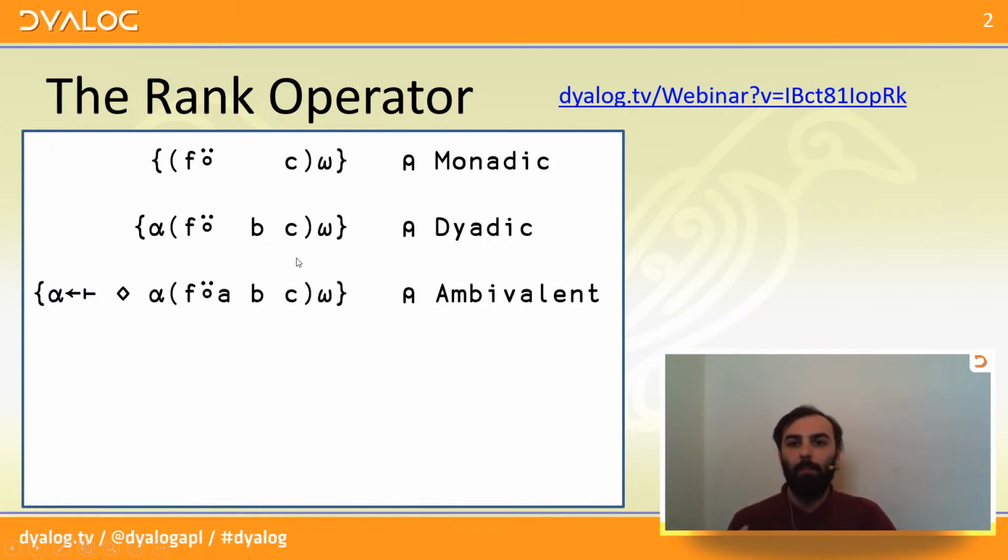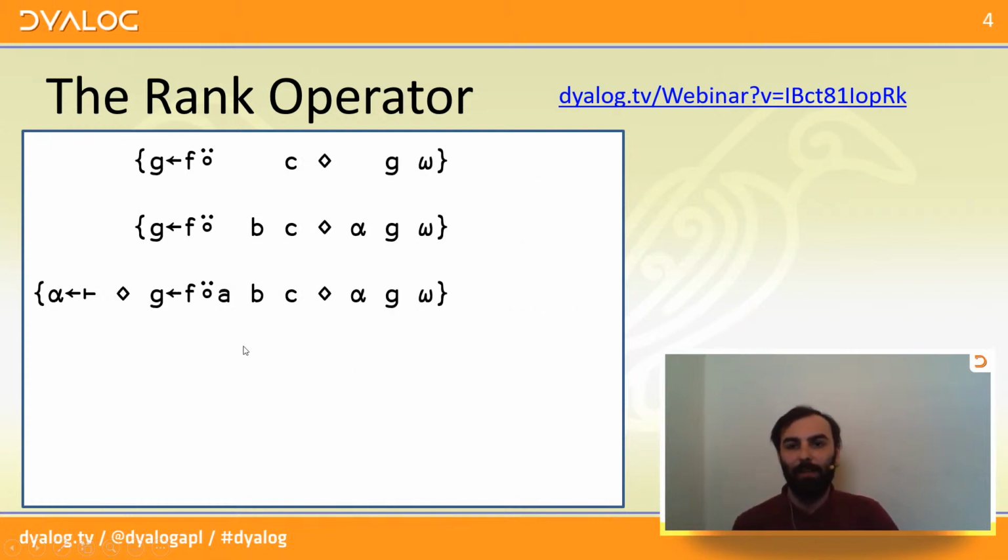But some people like to write these using the right tack function to separate the operands, the rank, from the argument array. This is perfectly valid as well. You can also separate a function from arguments by assigning it to a name first. I thought I'd just mention this.